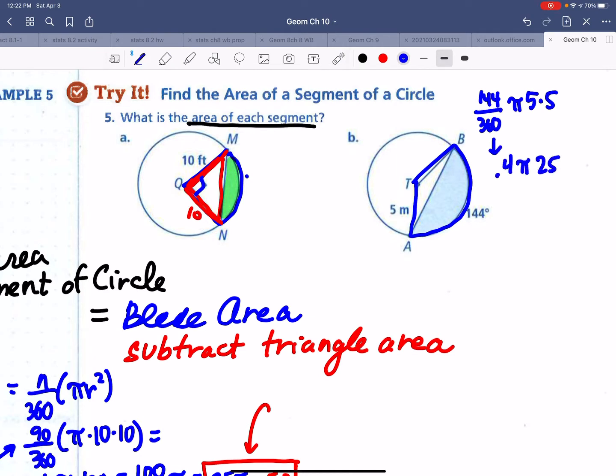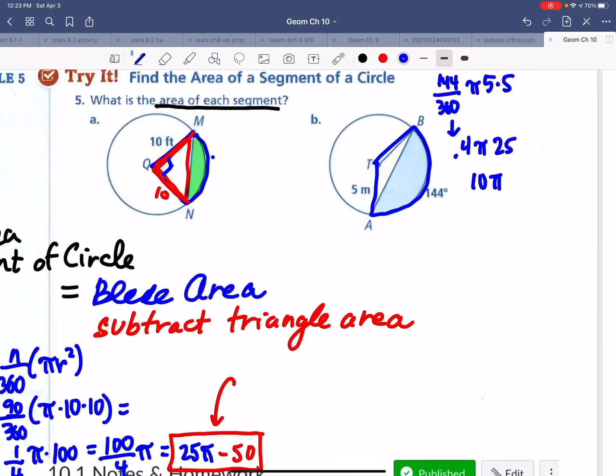So 25 times 0.4 is 10. Okay, so I get 10 pi, or I could turn that into a decimal if I need to, but I'm not going to do that yet.